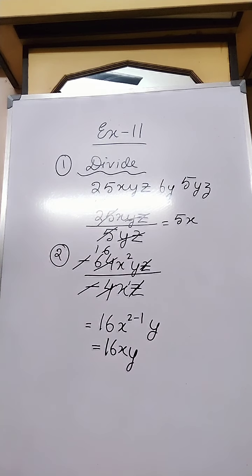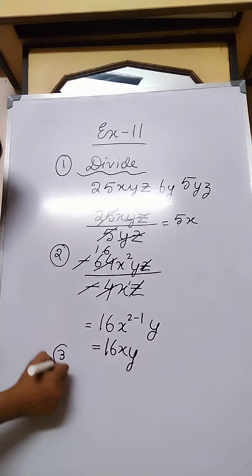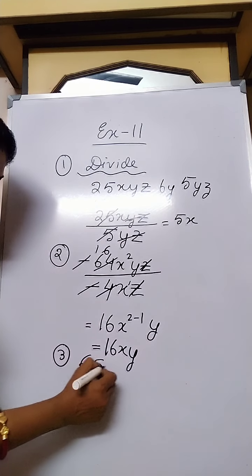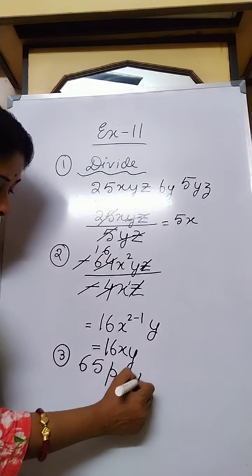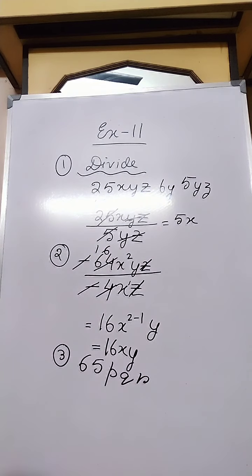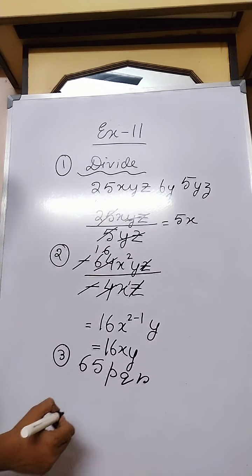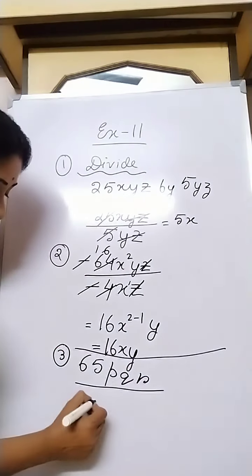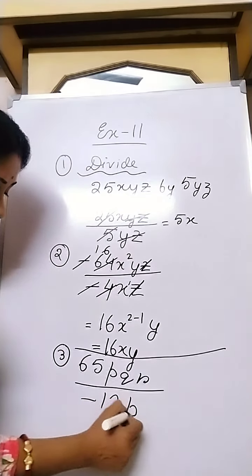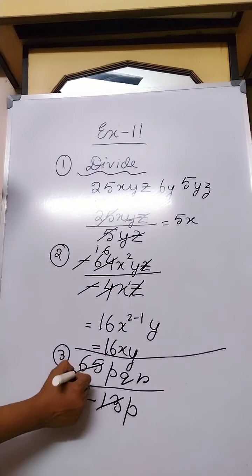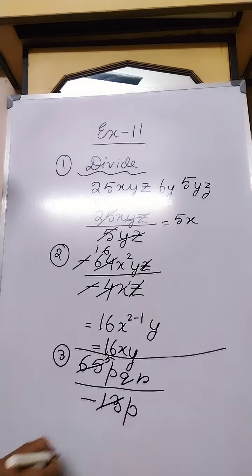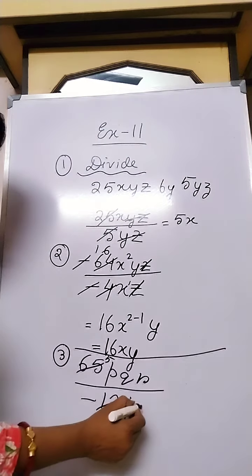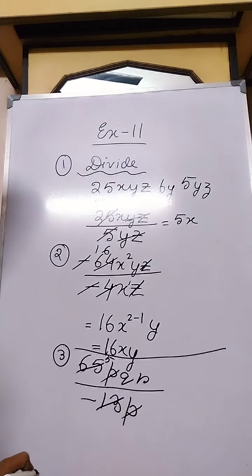Number 3, it is given that 65PQR divided by minus 13P. So 13 fives are 65, and P and P will cancel.